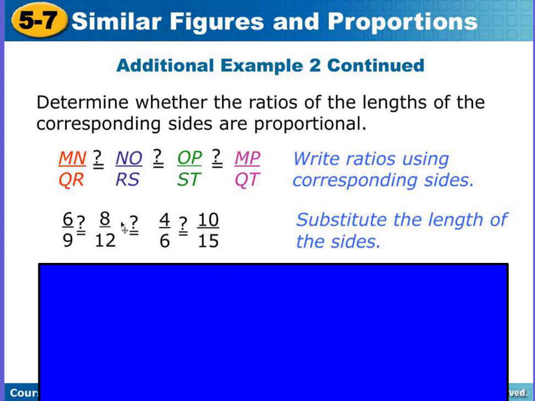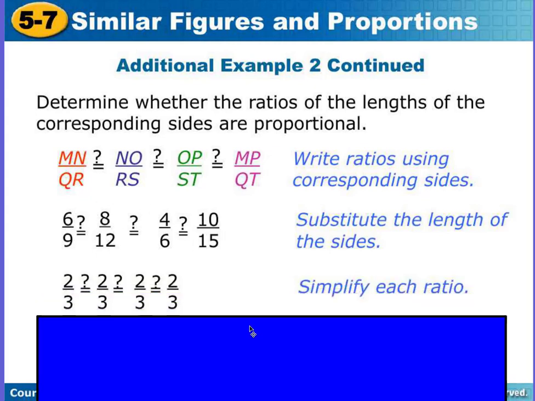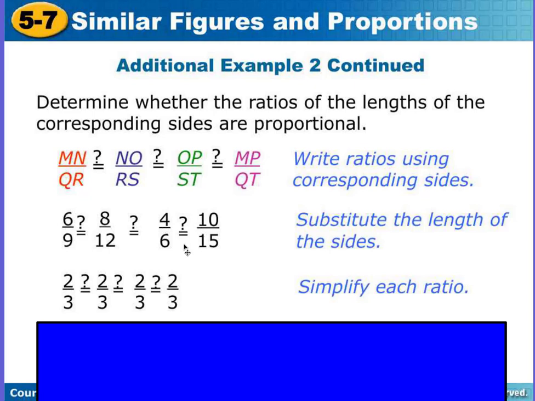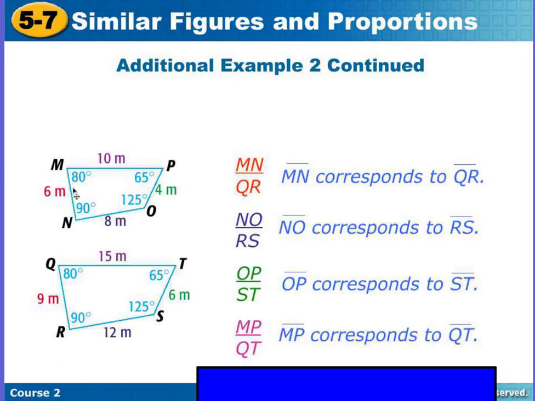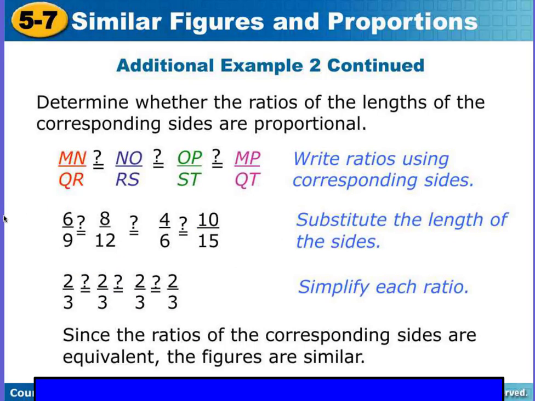We simplify each one to try to determine, are they all the same? They all simplify down to 2/3, so that means that quadrilateral MNOP is similar to quadrilateral QRST. So they are similar.